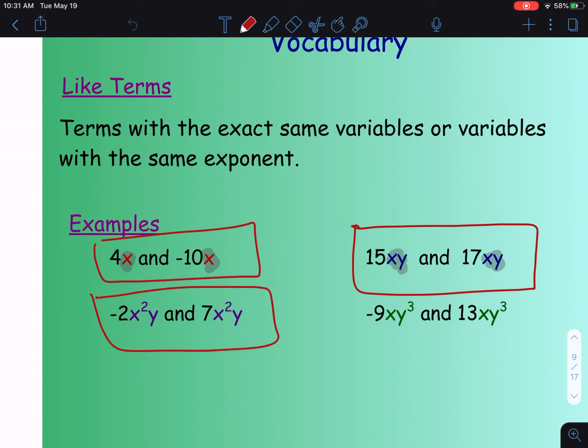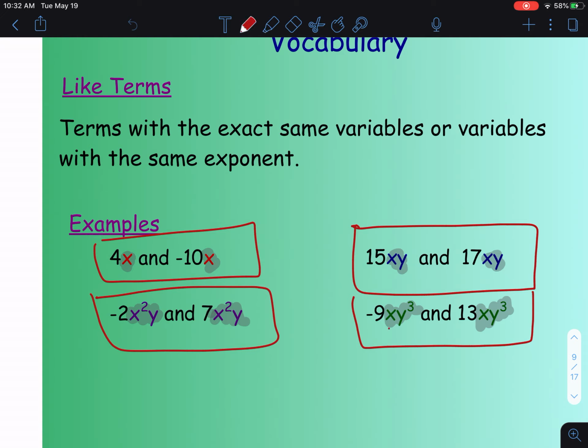Third box, we have -2x squared y and 7x squared y. Once again, these are the same variables. Coefficients are different, and even though we have a positive and negative, because the variables are the exact same, they're like terms. And the last box, we have -9xy to the third and 13xy to the third. Those variables are exactly the same.